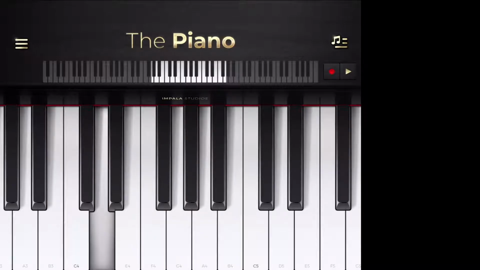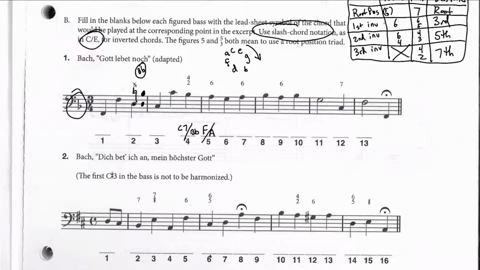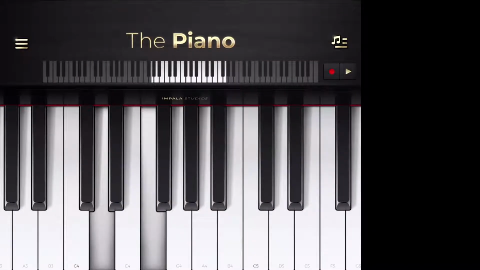Again, if I look at it this way, third in the bass, that's the D. D is in the bass, right there. So I'm going to play the B flat chord with the D in the bass. The slash through the 6 says, raise the interval that's a sixth above the D a half step.